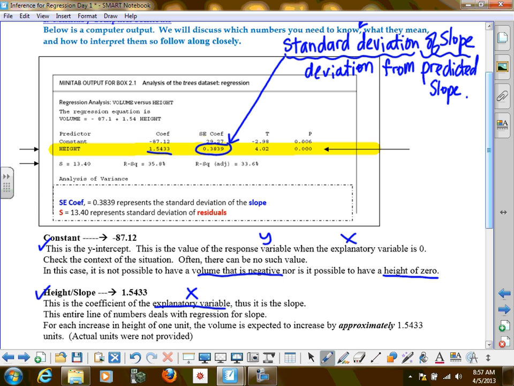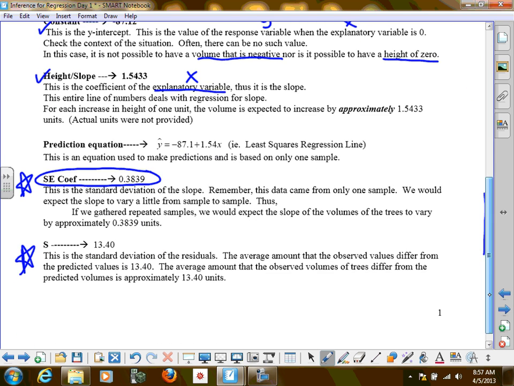Let's now make a visual picture of what that means. First of all, this is the standard deviation of the slope. Remember that this data came from only one sample. You got data from one sample, and you made a prediction equation from one sample.